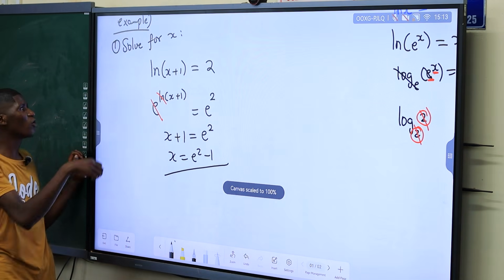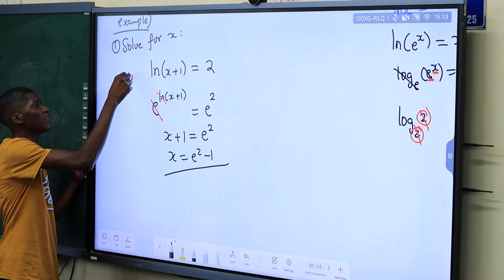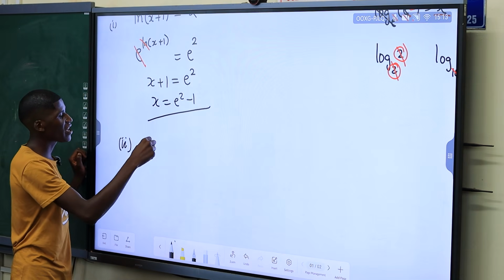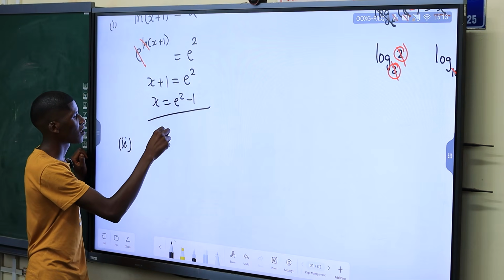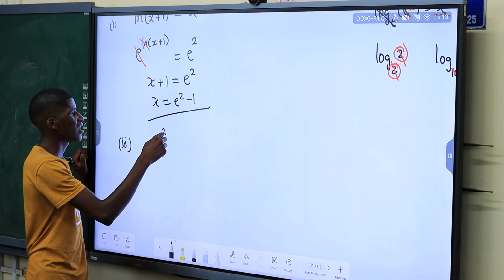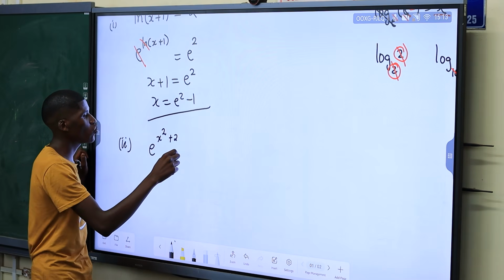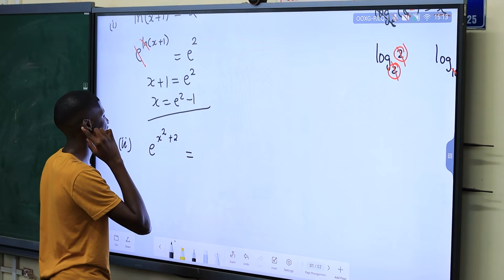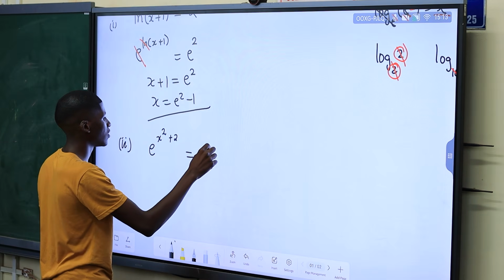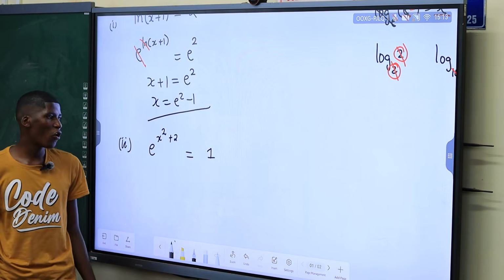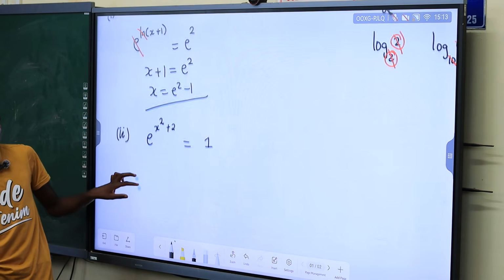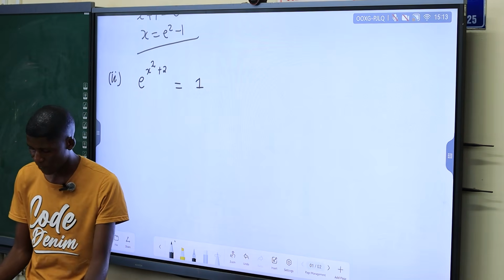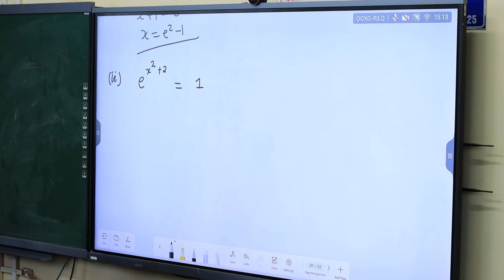You see how we apply these laws? It's not difficult, only 2 laws. What if we have e to the power of x squared plus 2 is equal to 1?